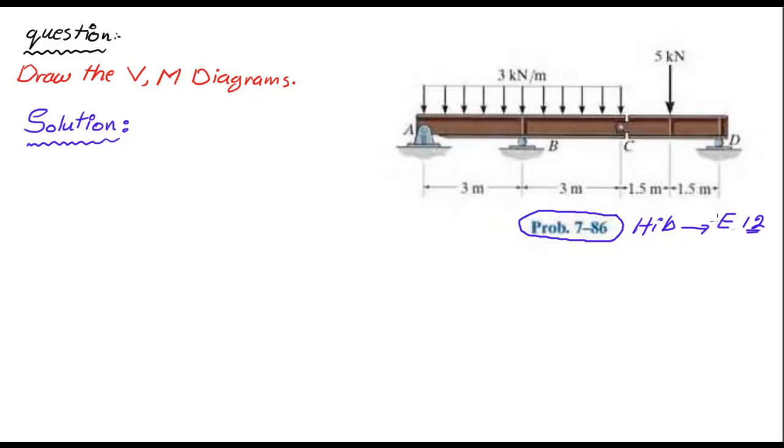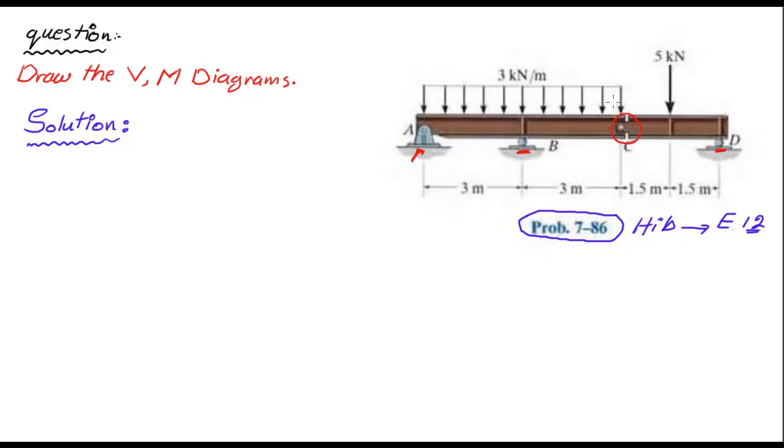So what is interesting about this beam? Does it look like the beams we used to see in the examples given in the book? Let's take a look here. We have a hinge at point A, a roller at B, and another roller here at D. I skipped point C because point C is the key to the solution. We see a hinge here.